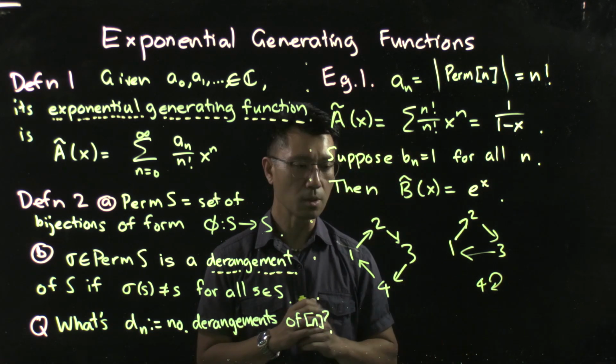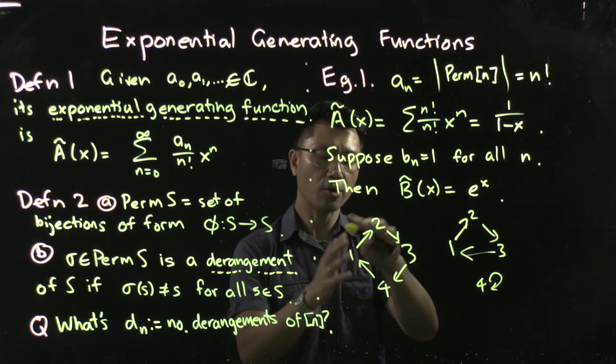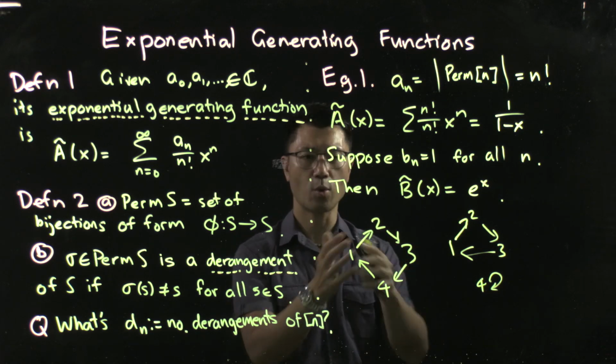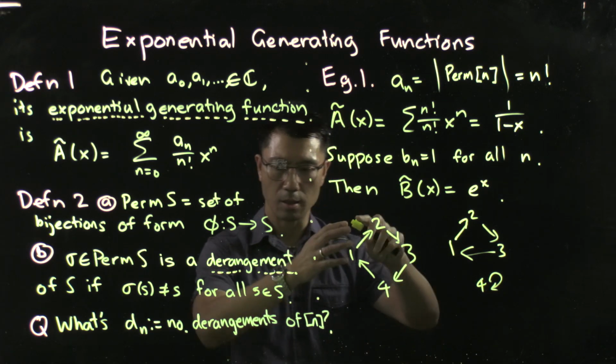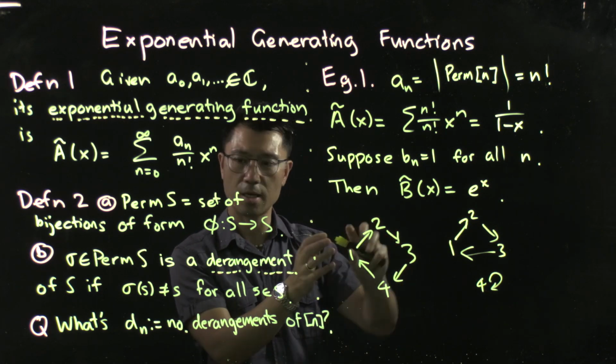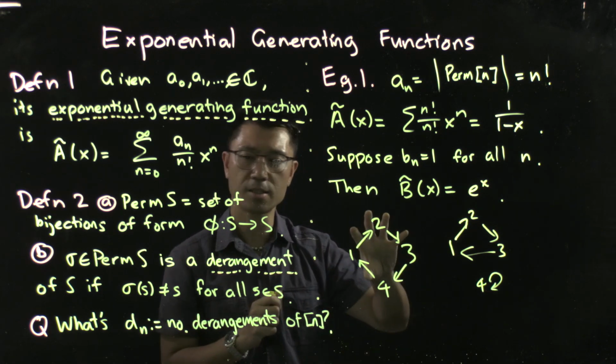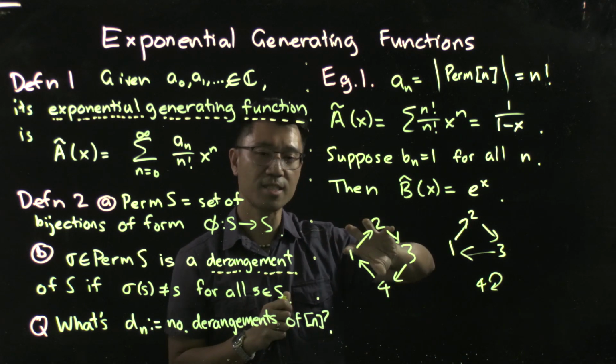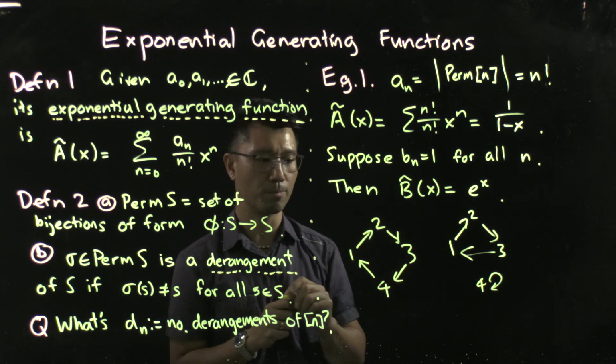So how do you mathematically describe this type of present giving? You can think of this as a type of map from this set of 4 people back to this set of 4 people.